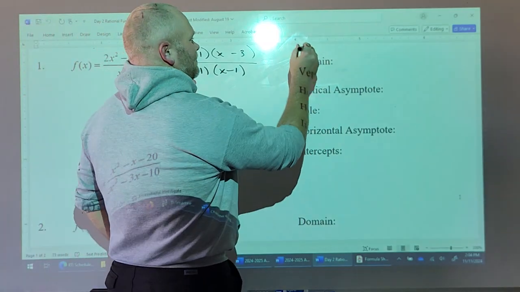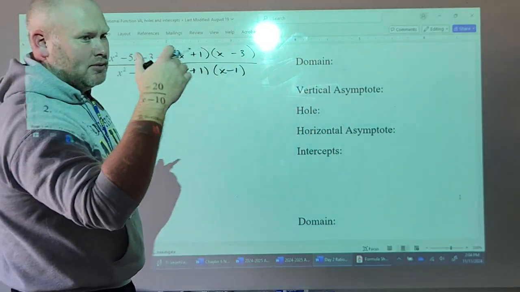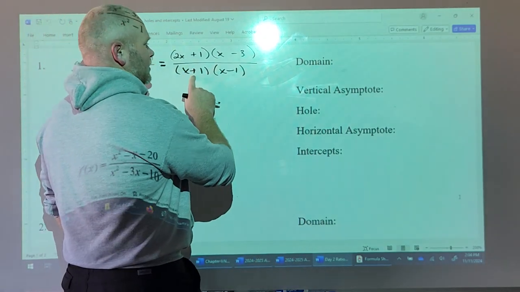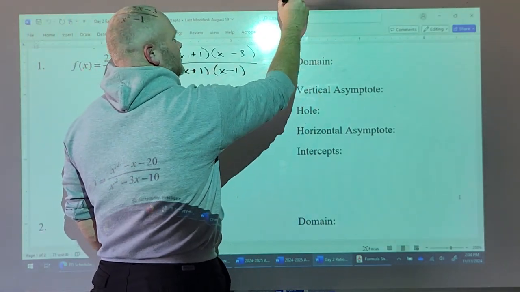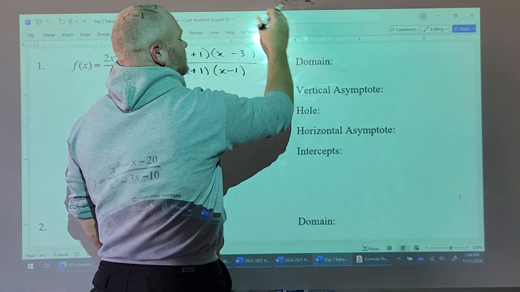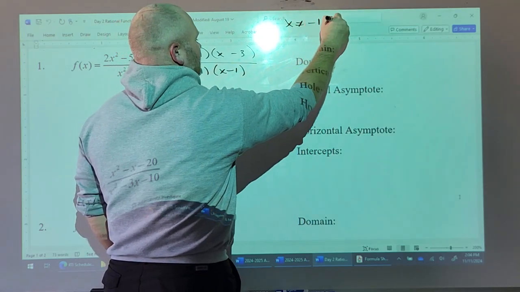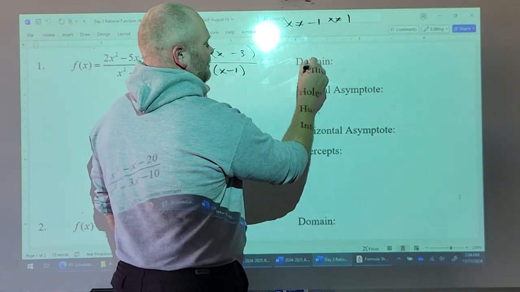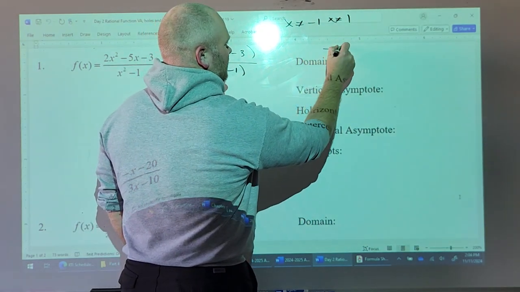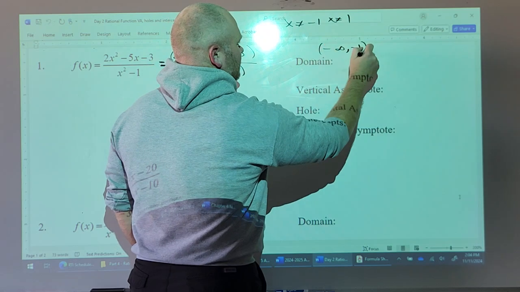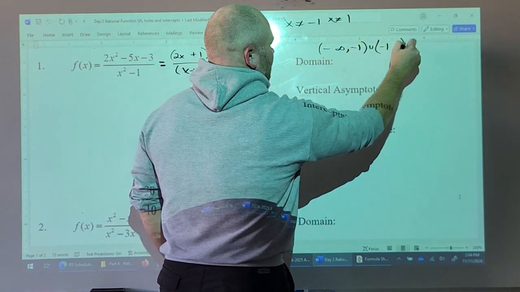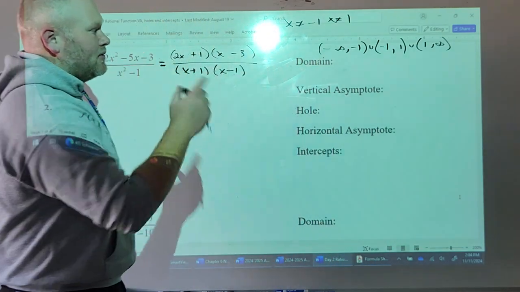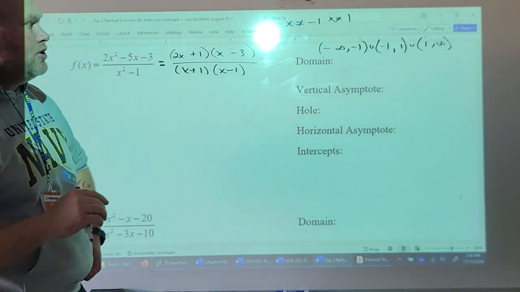So domain-wise, there are 2 different ways you can write it. I'm going to show you what my preference would be just because we get to more advanced ones. So x can't be -1, x can't be +1. In earlier chapters, we wrote the domain as from -∞ to -1, between -1 and 1, and then from 1 to +∞. That's fine if you want to continue writing it in that notation.